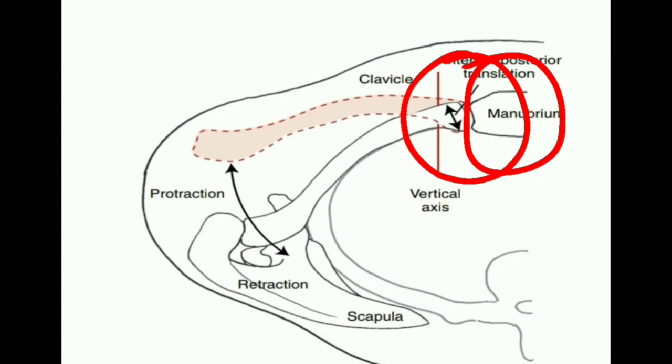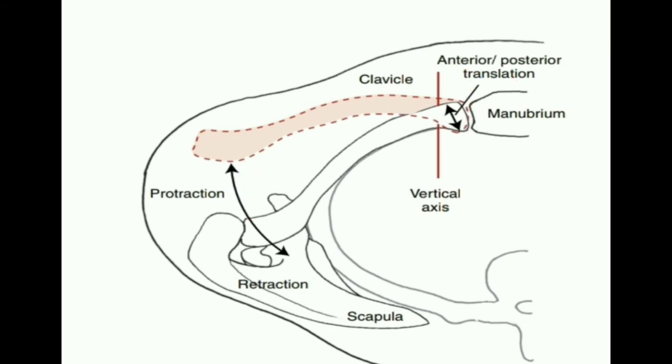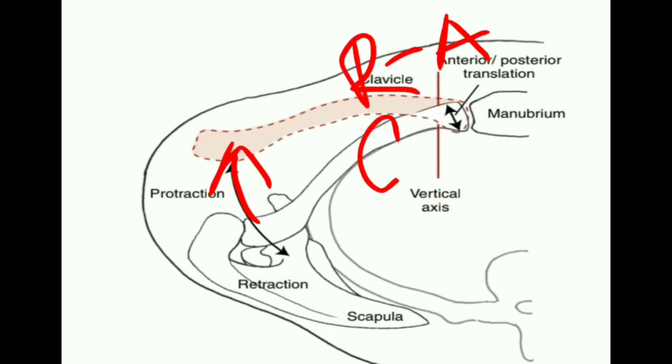The lateral end of the clavicle moves anteriorly. When the lateral end of the clavicle moves anteriorly, that is protraction. At the same time, the medial articulating surface rolls anteriorly and glides anteriorly. You understood? There the osteokinematics and the arthrokinematics will be the same.